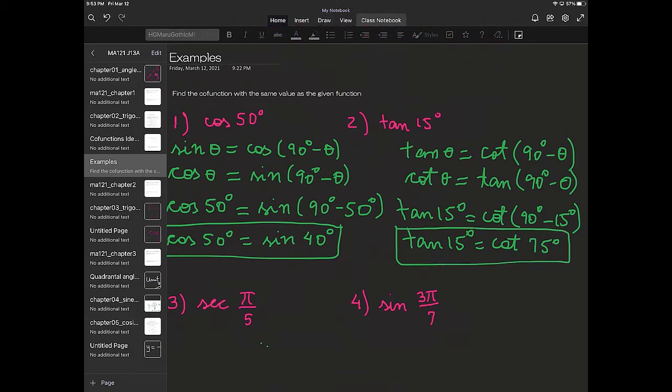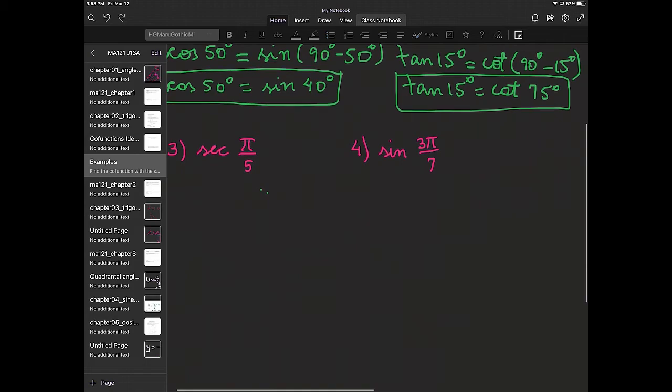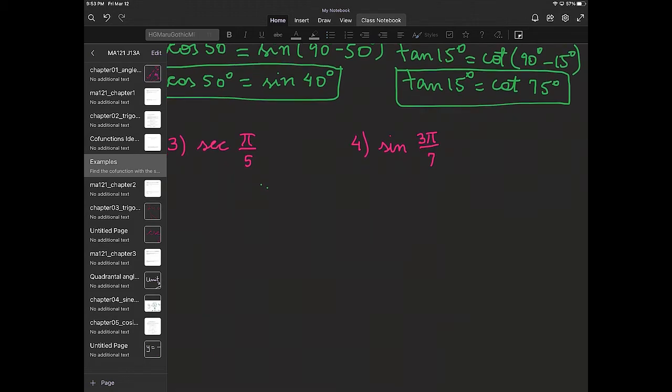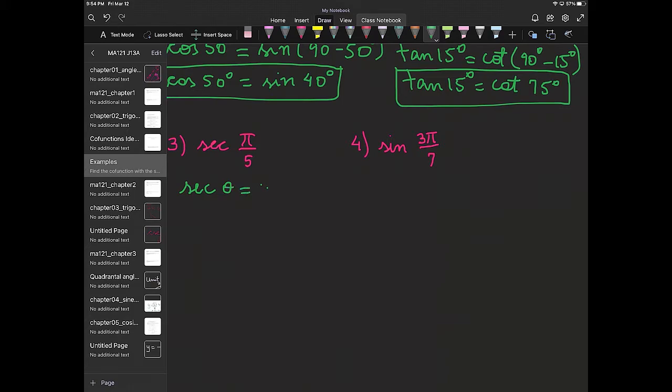Now, let's take a look at number 3 and 4. For both problems, the angles are described in radians. So recall that the corresponding cofunction to secant is cosecant. So secant of an angle theta is equal to cosecant of pi over 2 radians, which is equivalent to 90 degrees, minus the angle theta.